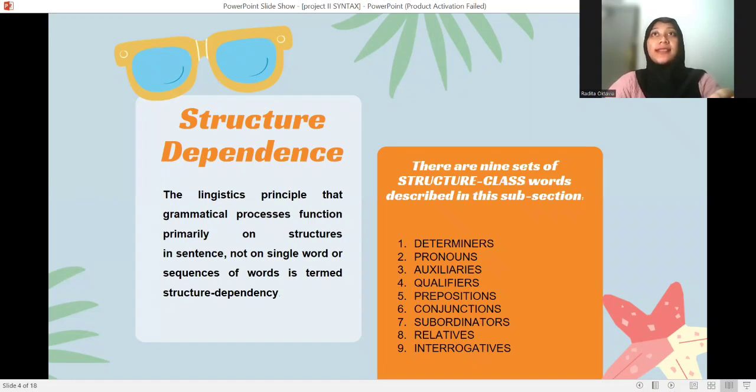There are nine sets of structure class words described in this subsection. The first is determiner, second is pronoun, third is auxiliaries, four is qualifier, five is preposition, six is conjunction, seven is subordinators, eight is relative, and the last one is interrogative.